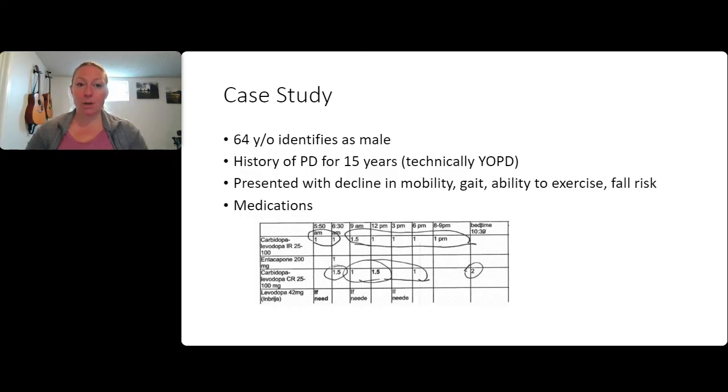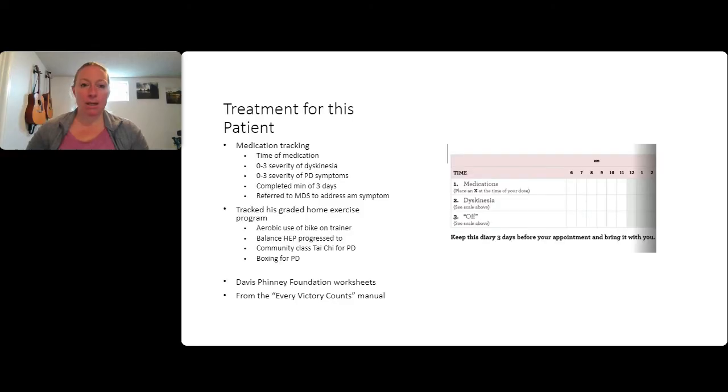And then one close to bedtime. But what we were finding is he was having a lot of dyskinesia at certain times of the day. And so we did some medication management and training with him.